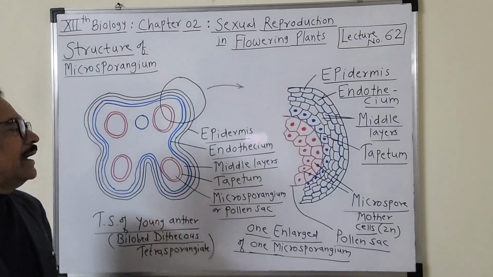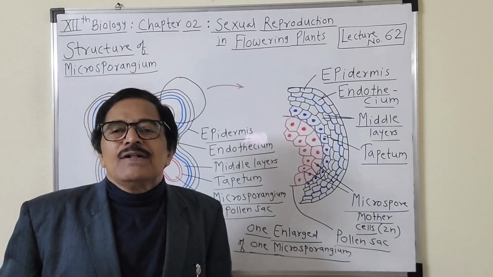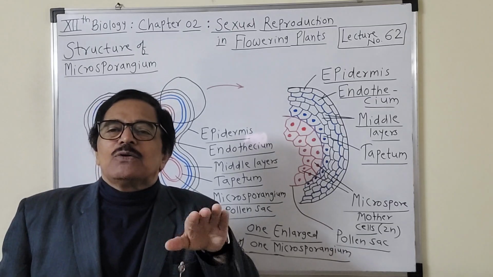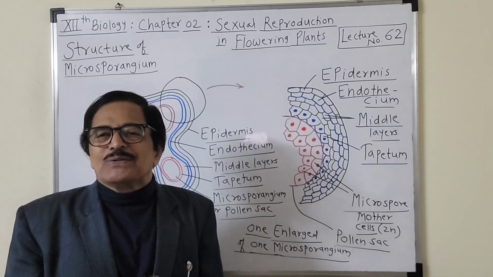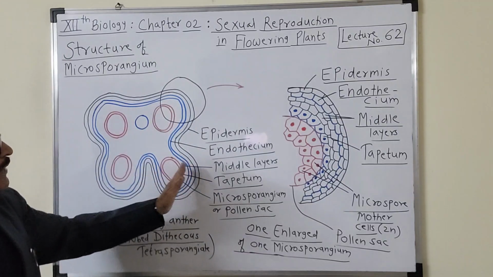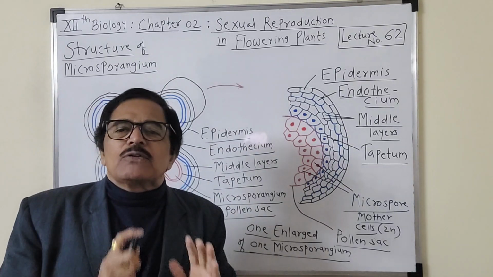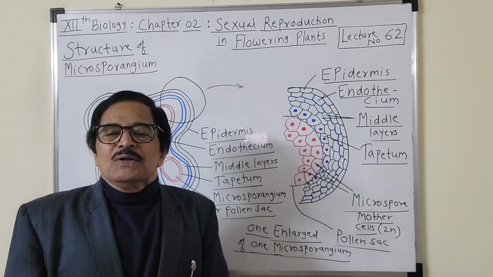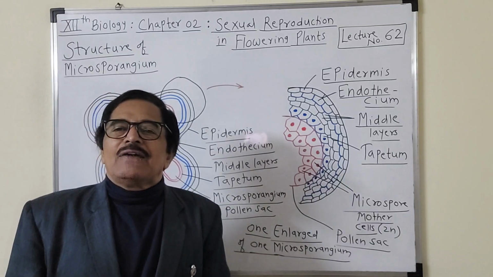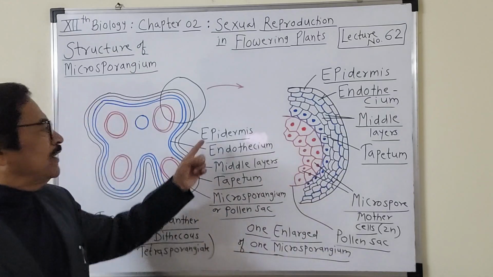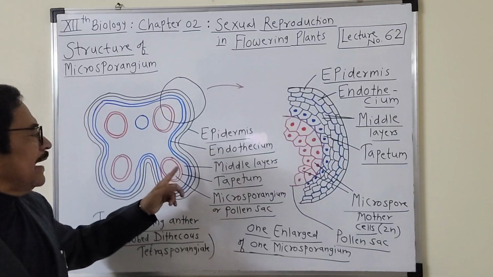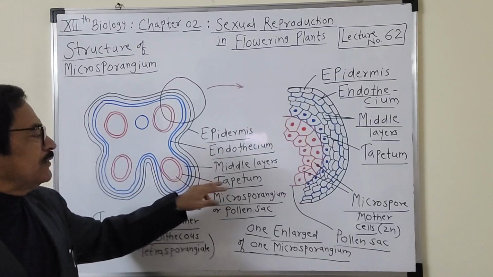These are the 4 layers in the wall of that anther, or they are also called the 4 layers of the microsporangium. It is the same thing. Whether you take the 4 layers of the anther wall or the 4 layers of the microsporangium, because the main structure is the microsporangium. So that microsporangium has a 4-layered wall, and which are those 4 regions? One is the outermost epidermis. Inner to that is the endothecium. Inner to that there are middle layers, and inner to that there is the tapetum.